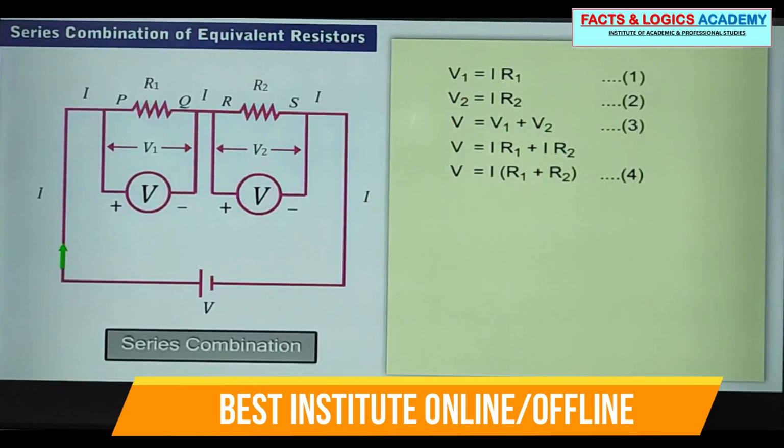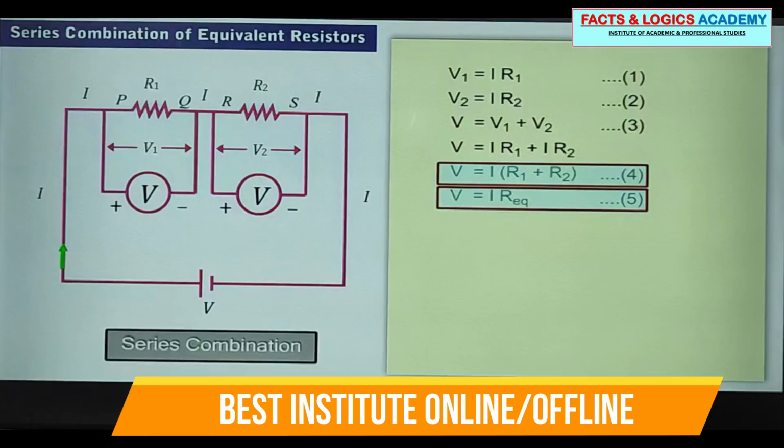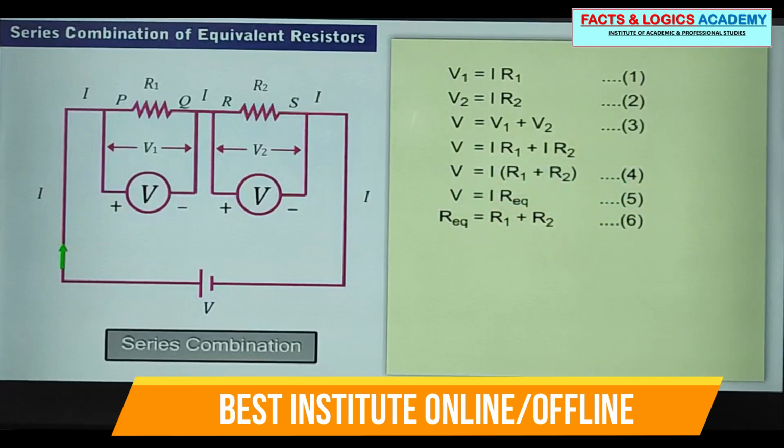Equation 4 can be written in the form V is equal to I into R equivalent. Let us label this as equation 5. From equations 4 and 5, we can write R equivalent is equal to R1 plus R2. Let us label this as equation 6.